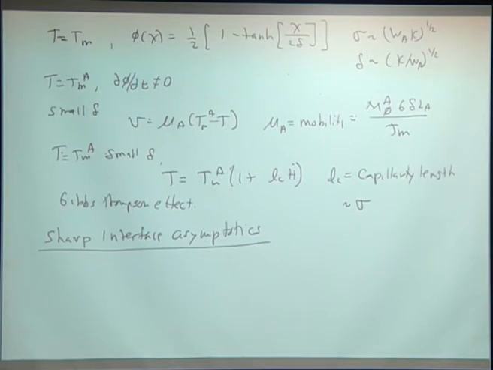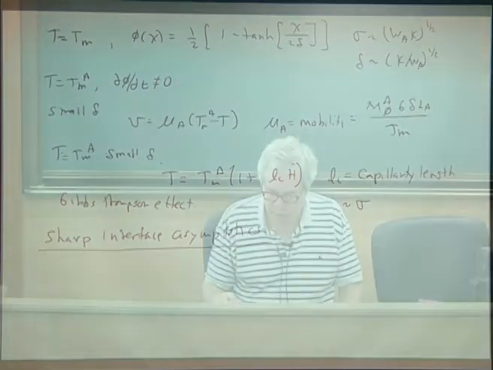Remember when I derived the motion by mean curvature from the Allen-Cahn equation, I said we're going to take this function for the free energy and assume that the interface is sufficiently flat that I can replace the value for a flat interface. That's non-rigorous. The rigorous way to do it is using matched asymptotic expansions, so you can match the inner and the outer. And what you will find for the Allen-Cahn equation is that, in fact, V is equal to minus the mobility times the gradient energy coefficient times H.